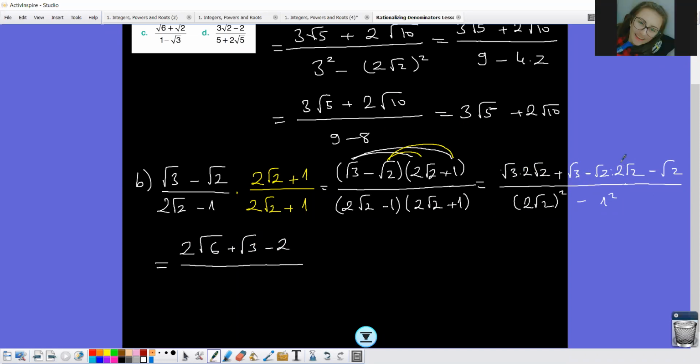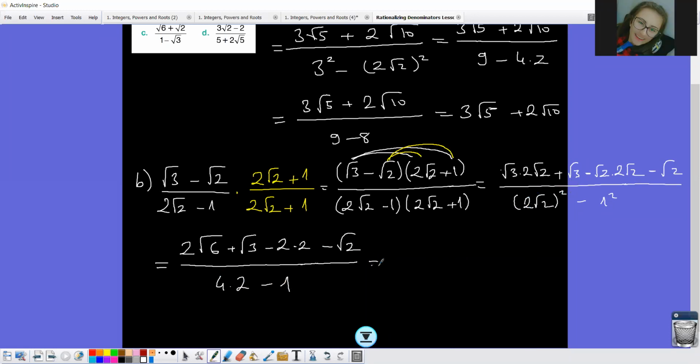I'm writing this 2 firstly, then root 2 times root 2 will be root of 4, step by step 4, but to show all the steps, then minus root of 2. In the denominator, 2 square is 4 times 2, minus 1.